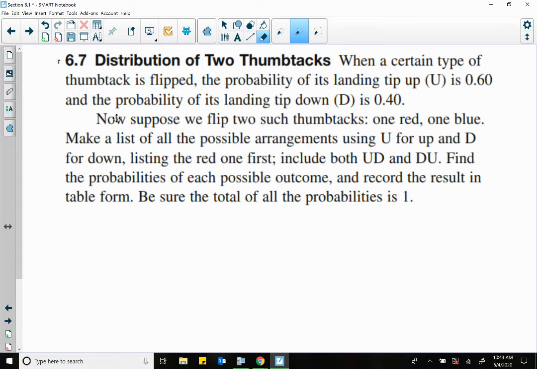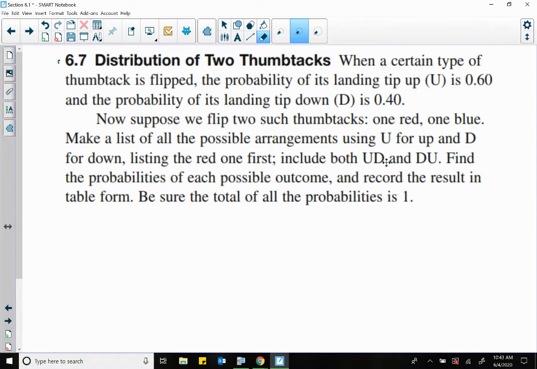So now it says, now suppose we flip two such thumbtacks, one red, one blue. Make a list of all possible outcomes, arrangements, using U for up and D for down. List the first one as the red, and so the first tack would be red, and the second tack would be your blue one.